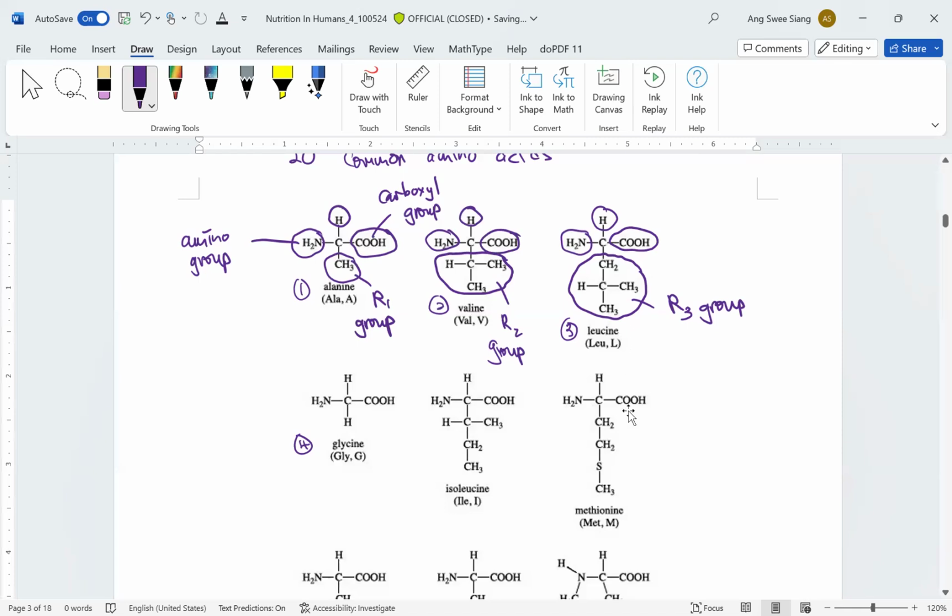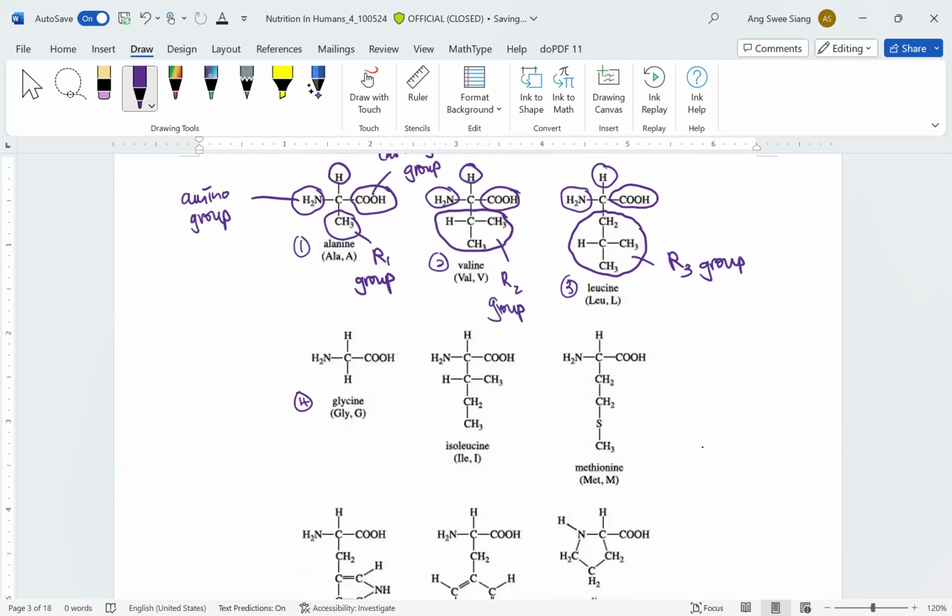Maybe let's look at one more example that is different. The third one, methionine: amino group, carboxyl group, hydrogen, and this is the R group, R6. Why am I showing you this?